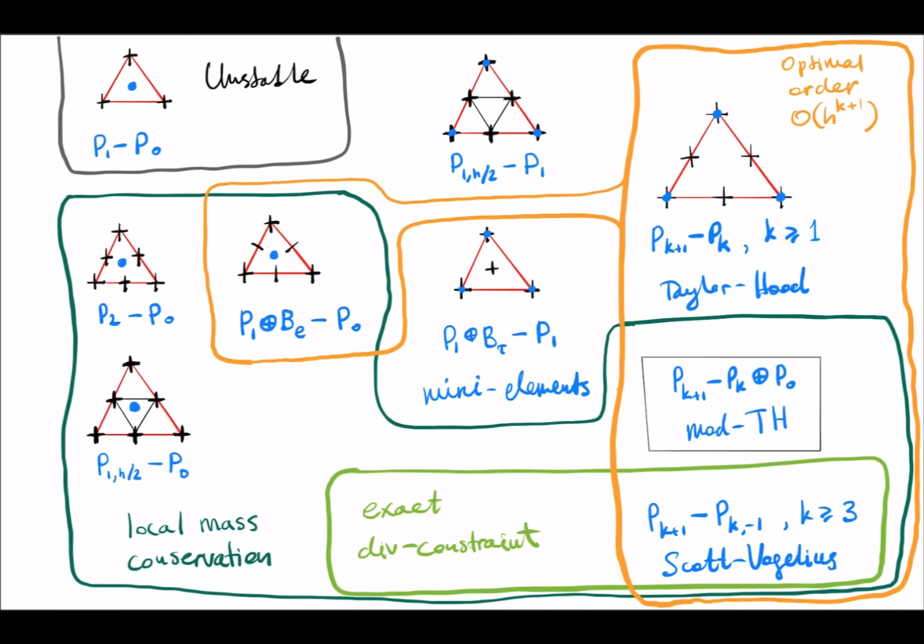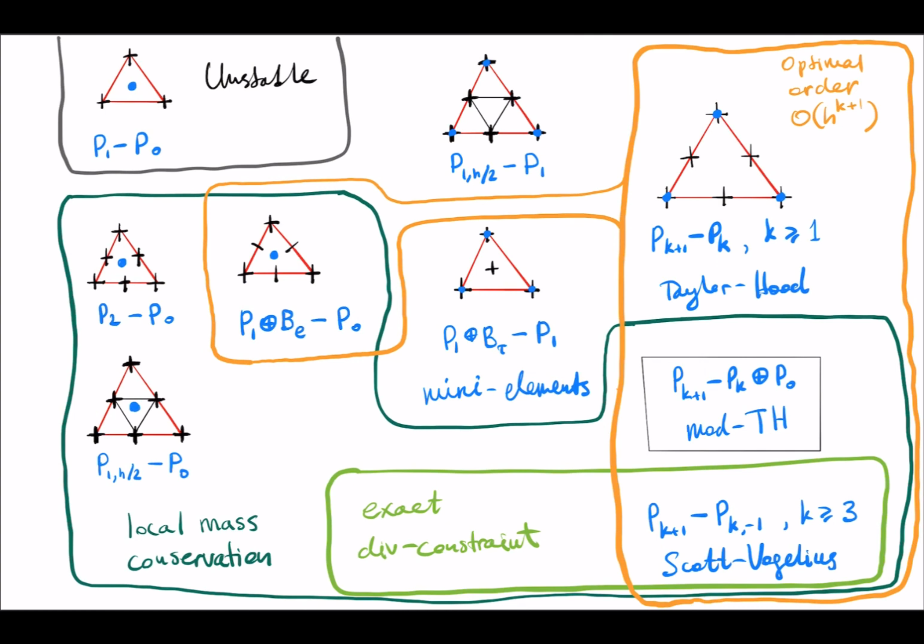Now, on this slide, we want to discuss some popular finite elements for the Stokes problem. Here we have the element that we discussed first, that is P1-P0, which we know is unstable. And here is the element that we just discussed, P2 for velocity and P0 for pressure.